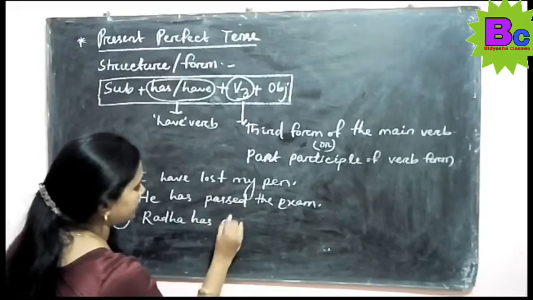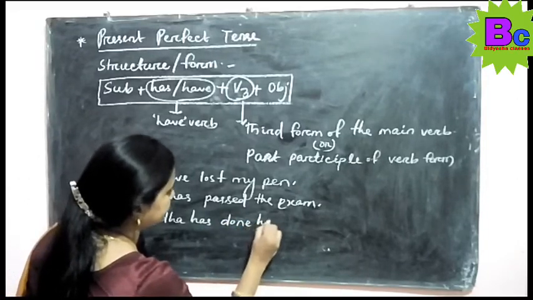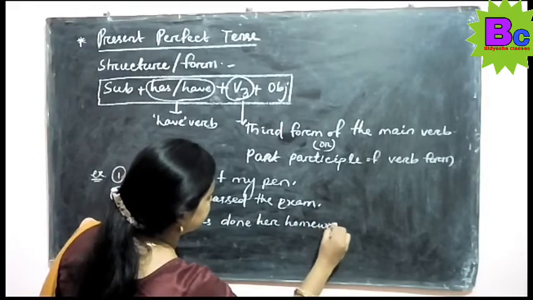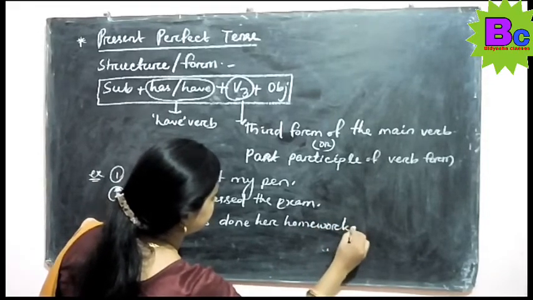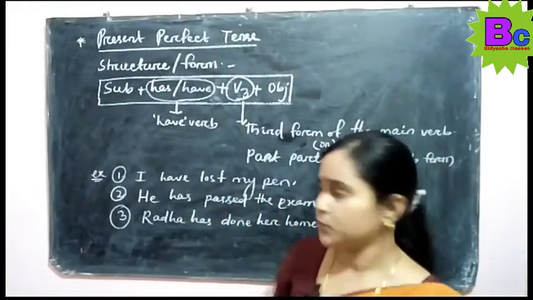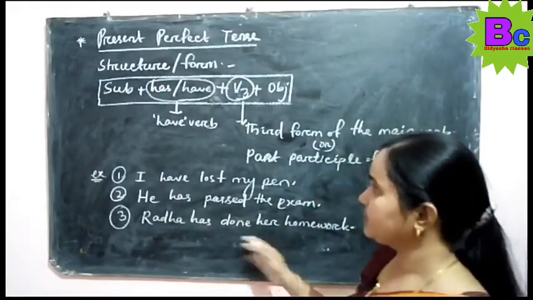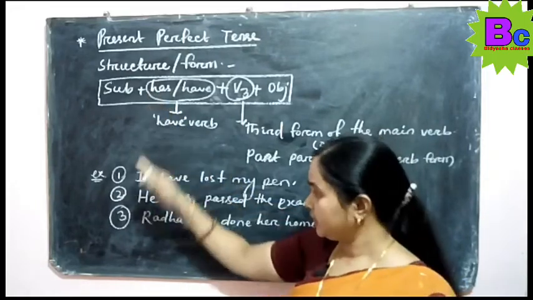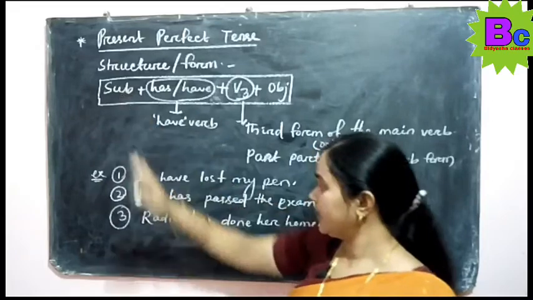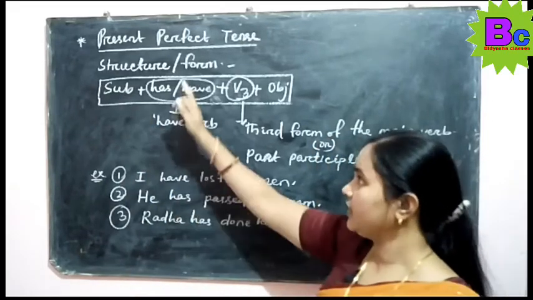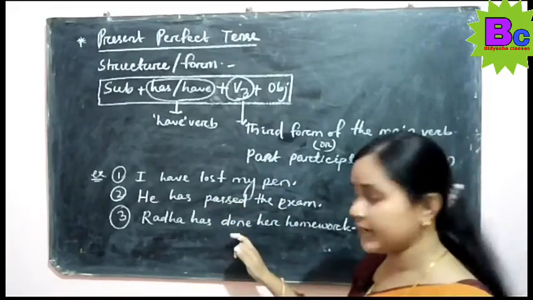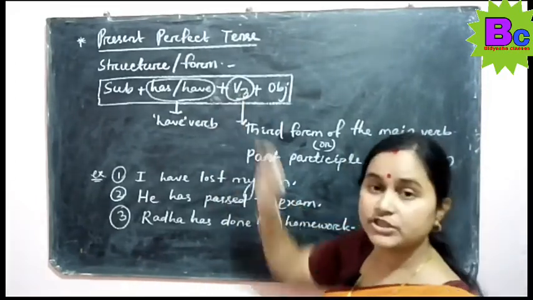Radha has done her homework. So students, look at the examples. According to the structure, here I, he and Radha are the subject, and have, has are your have verb. And look at here, lost, passed and done, these are V3 forms.